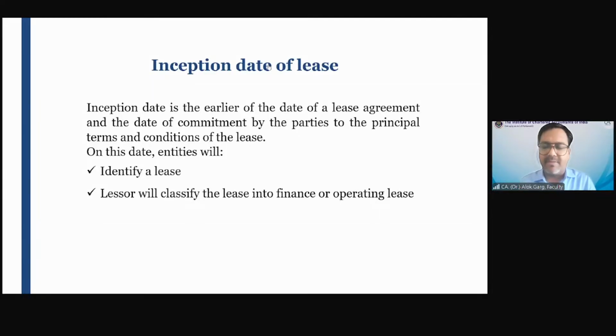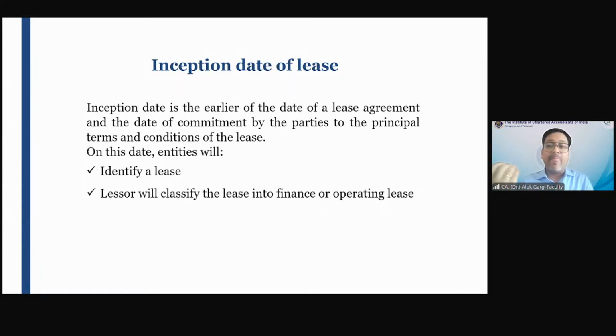No problem, Saminathan, his mic is not working. So as explained by Anushi, inception date is the date when the major terms and conditions have been agreed or the contract has been entered. And commencement date is the date when the use of the asset is started, when the asset is handed over, right?